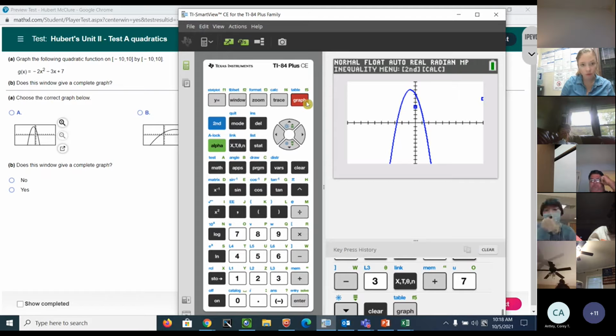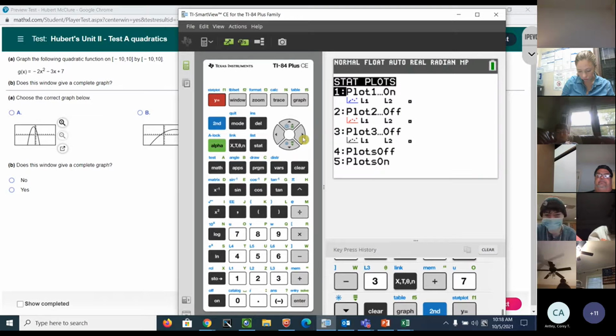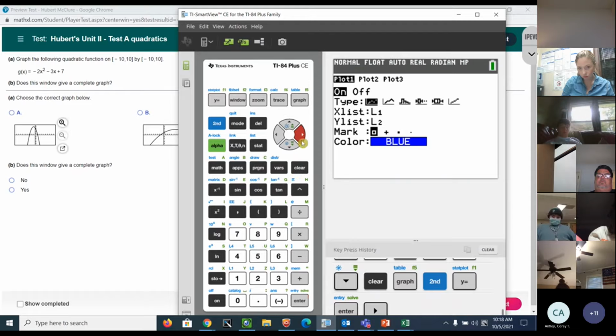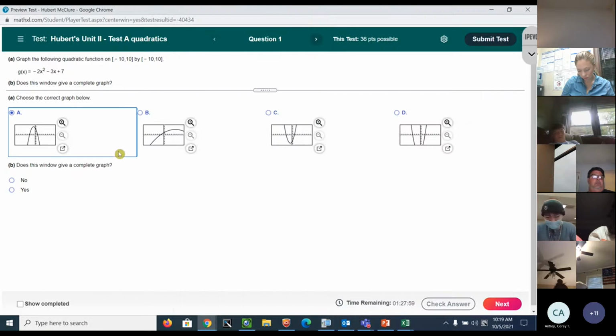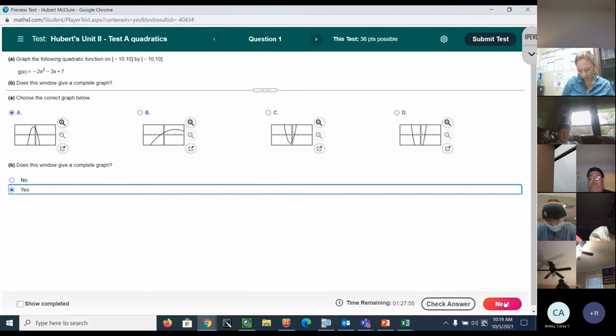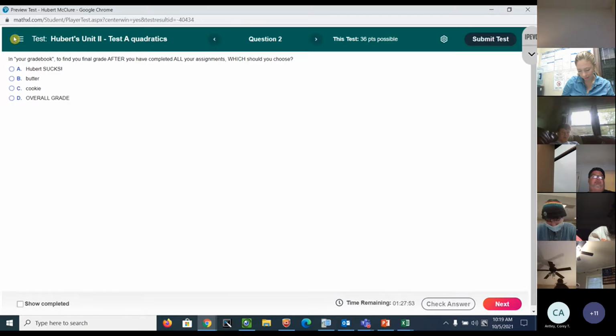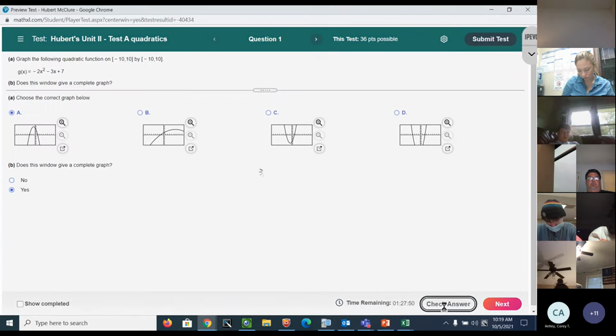I don't know about y'all. That looks like a complete graph. Let me take off the stat plot. So it looks like A. Does the window? Yes. Oh, we didn't check that one. Yep.